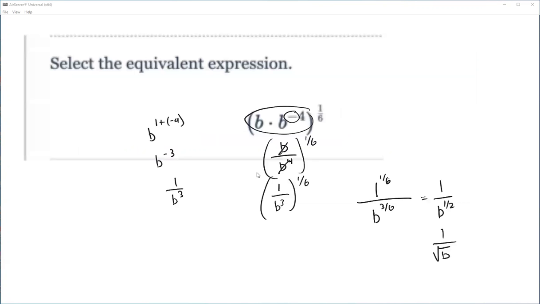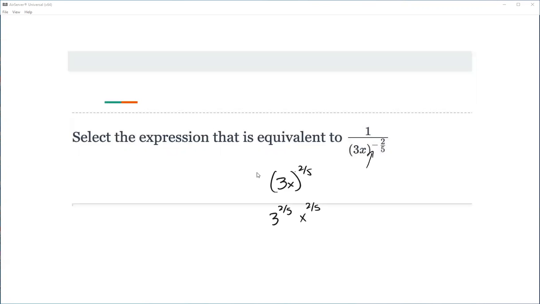So this is the 5th root of 9, and this is the 5th root of x squared. You put this together, it'll be the 5th root of 9x squared.